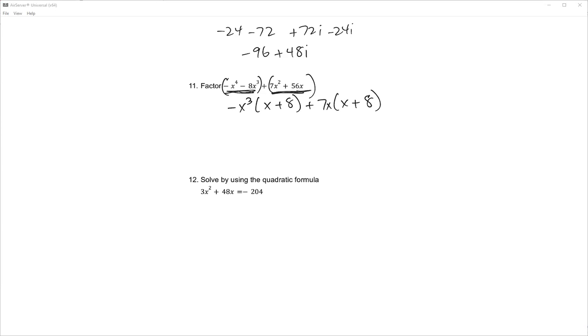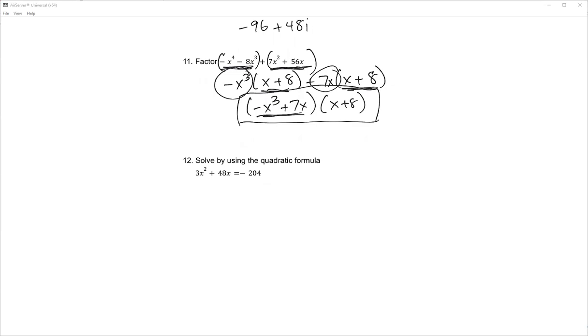They have the same binomial inside the parentheses, so you can combine this and this and make it one factor. And then x plus 8. That's your answer. You can factor out the x if you want for here, but no need to. It's not going to get you anywhere. Yeah.